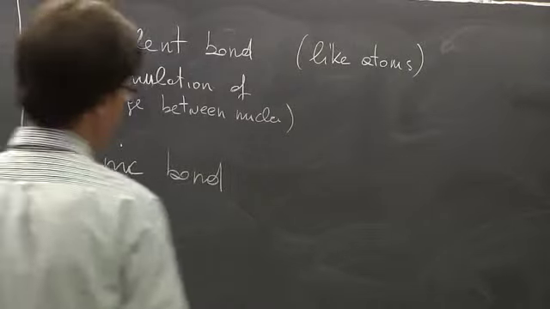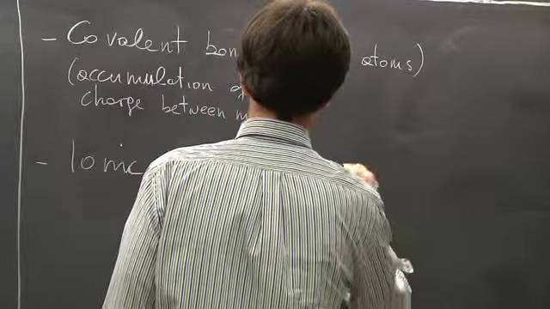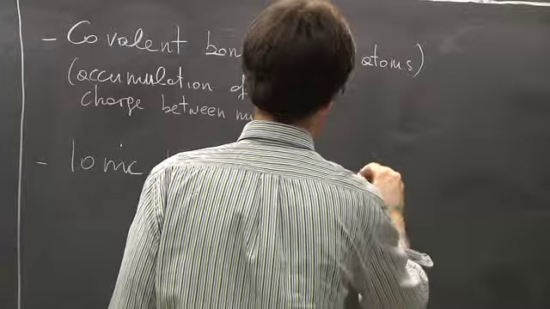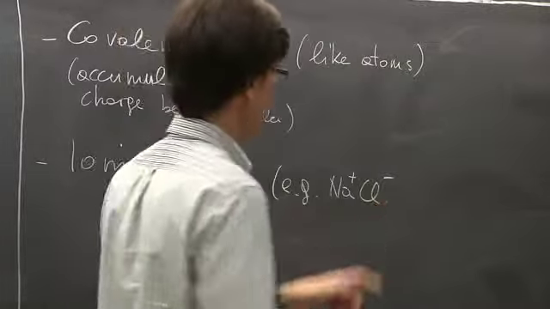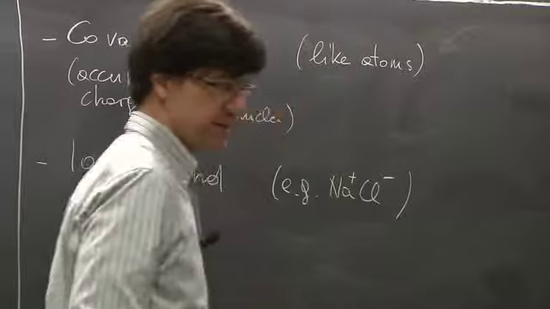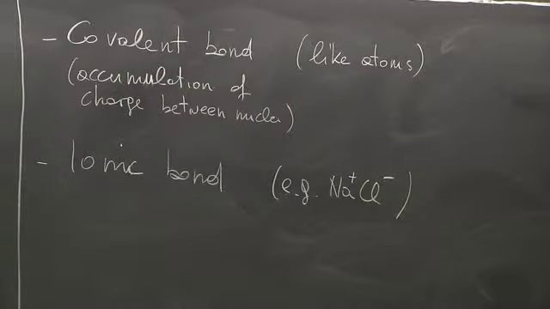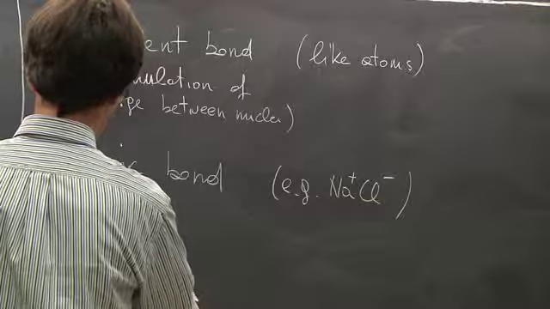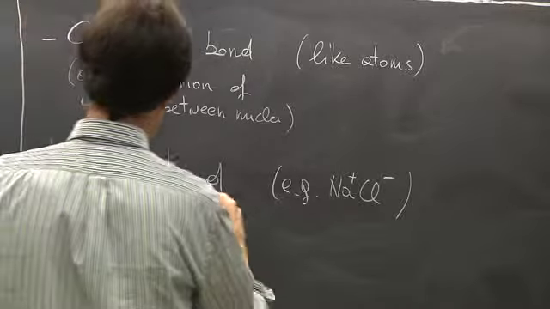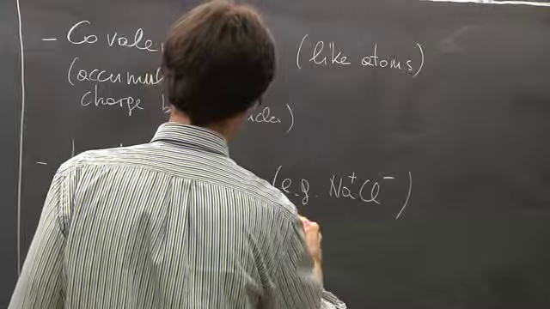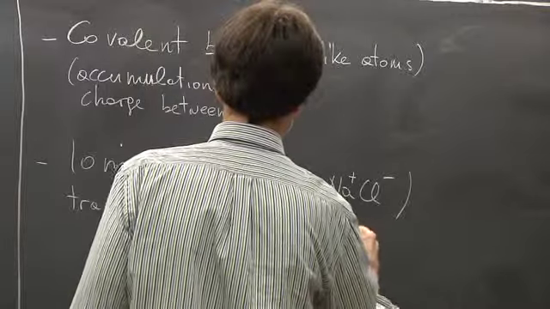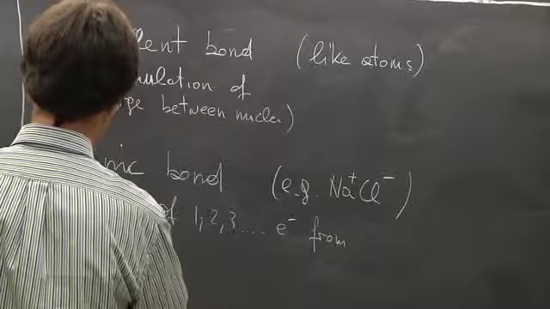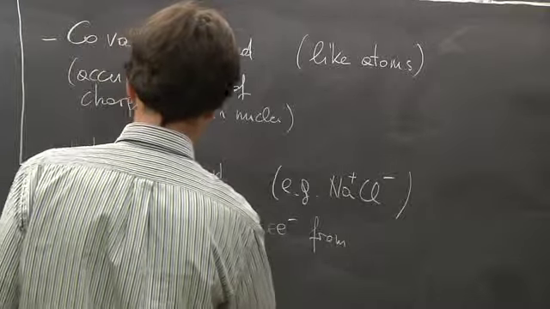So this is really an example: sodium chloride. Sodium transfers an electron to chlorine, which becomes negatively charged, and sodium becomes positively charged. And this is really a transfer of 1, 2, 3 or so electrons from one atom to another.